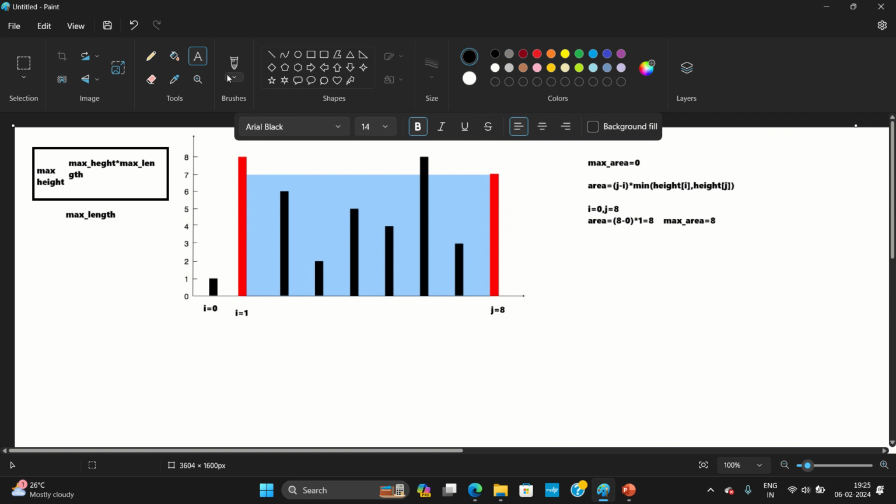Okay, so this is the optimized algorithm. This is all about this algorithm. So let us do the process.